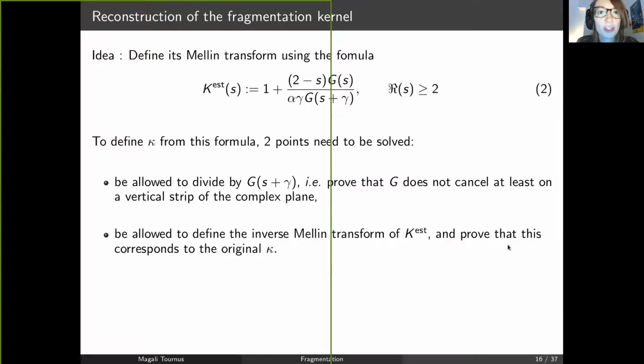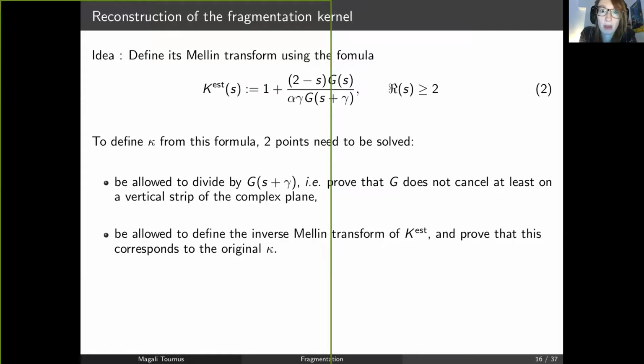So what we wanted to do is to define K as this, but for s not a real number, but s on a vertical line. But the problem is that capital G, we do not know whether it can cancel or not on the complex plane. And in particular, we do not know if we can find at least one vertical line on which capital G never cancels.